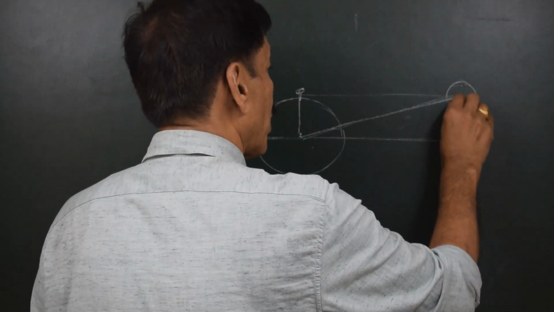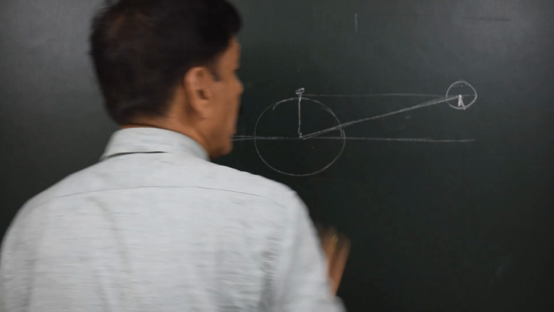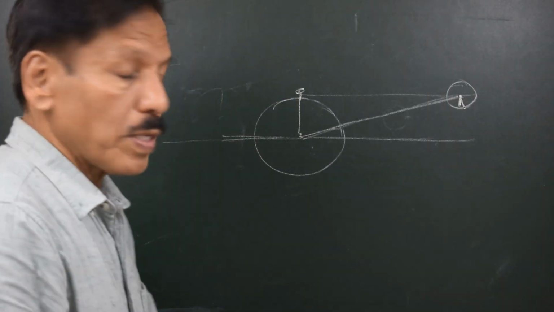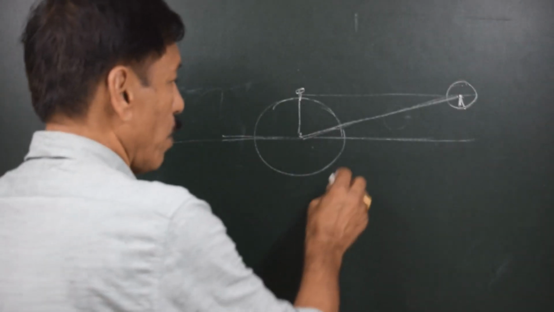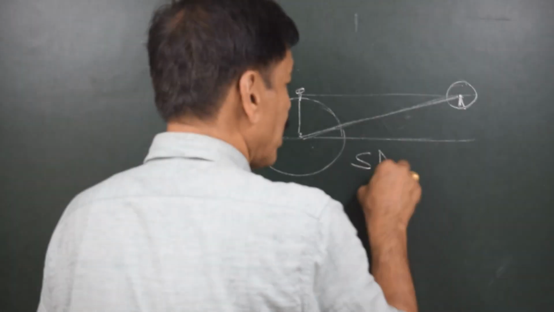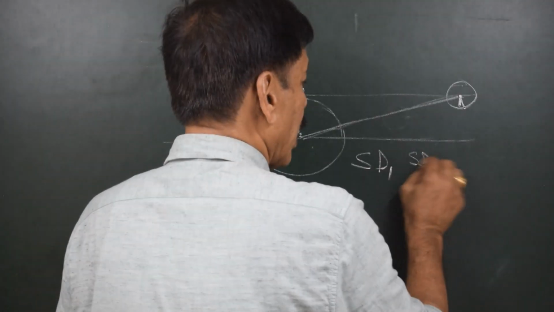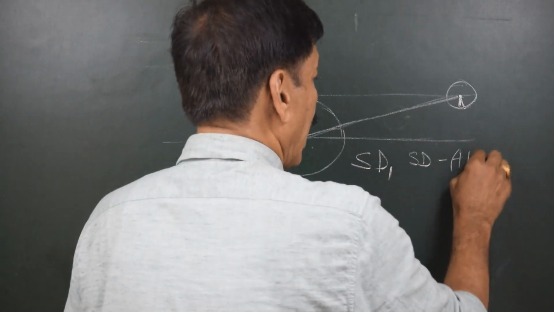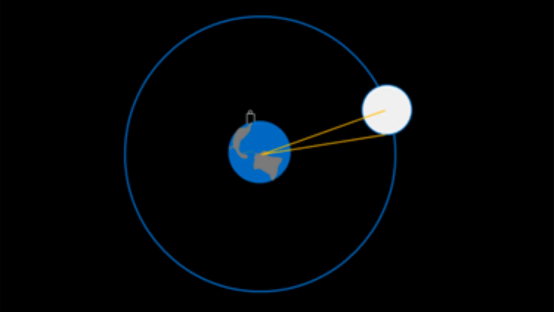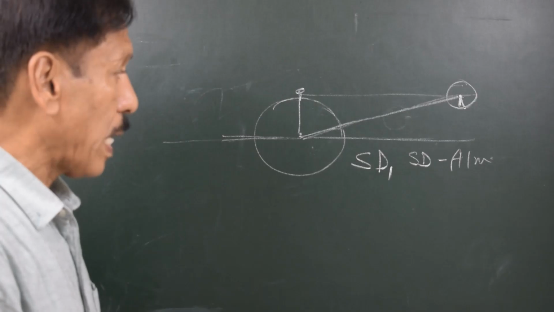The semi-diameter of the moon is decided by the distance of the moon from the center of the earth. This is the value given in the almanac. Let us say SD1 is the semi-diameter given in the almanac, and this is the one which will be observed from the center of the earth.